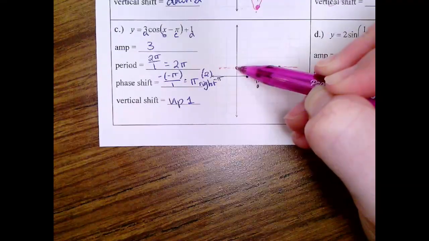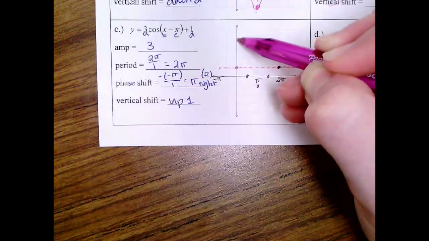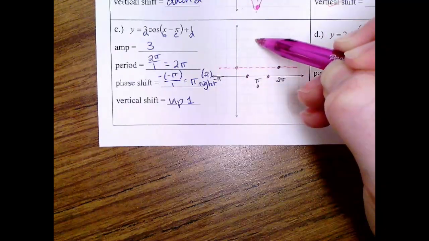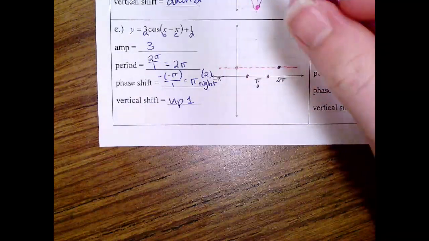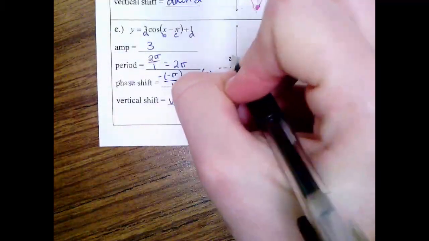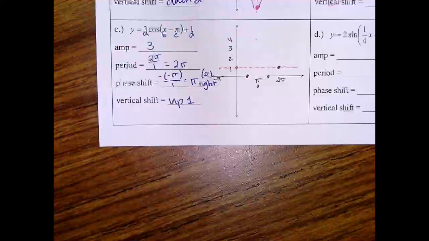So now let's do all of our shifts. This is 1 times 3, which would be 3. 1, 2, 3. Phase shift to the right 2. Boom, boom. And up 1. One thing I forgot to do: I'm going to make this a 1, and I'm going to show 2, 3, 4. Okay, sorry.